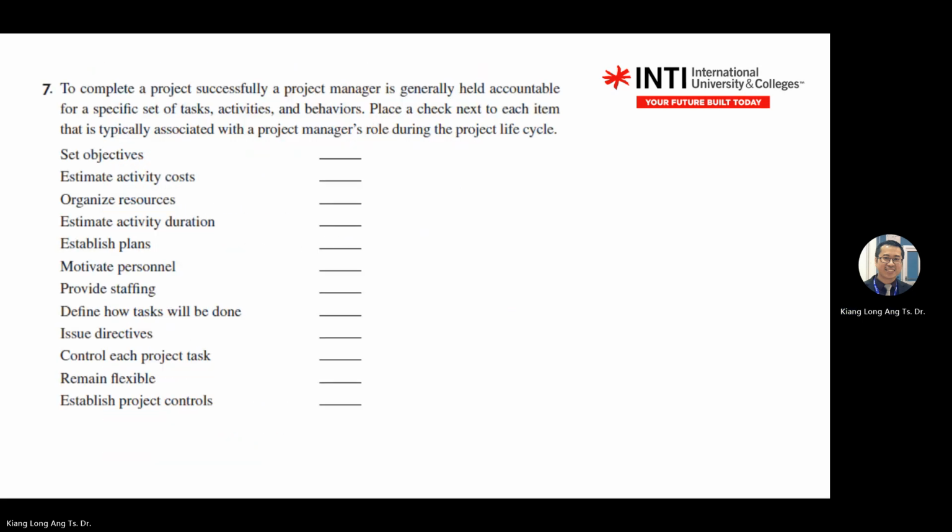All right. Next question. To complete a project successfully, a project manager is usually held accountable for specific activities. Place a check next to each item typically associated with the project manager role in the project life cycle. Project life cycle refers to maturity, from embryonic until mature.